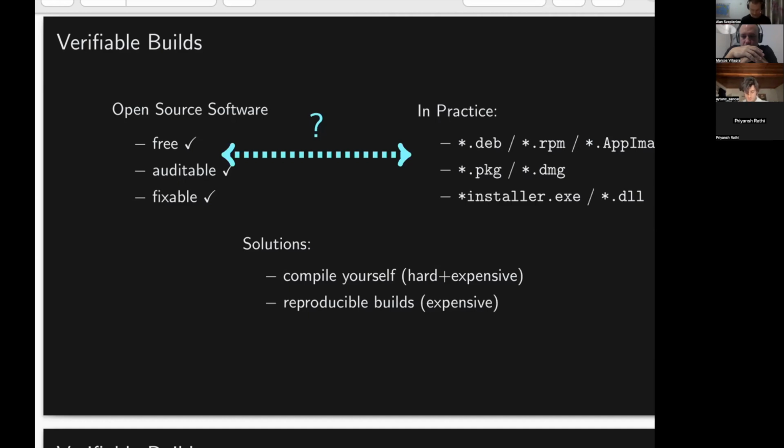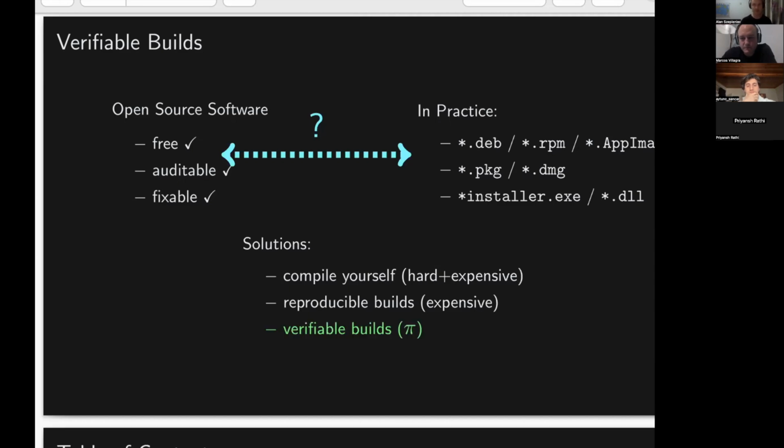And so if someone else doesn't get the same build, doesn't get the same package, they can broadcast this, and so there's some social consensus, social security about the fact that this package actually corresponds to the open source software. But still, someone needs to do that, and enough people need to do that, and it's expensive for them to do it.